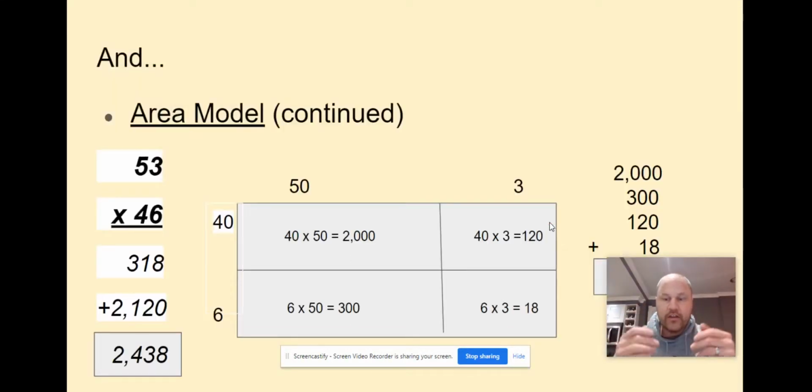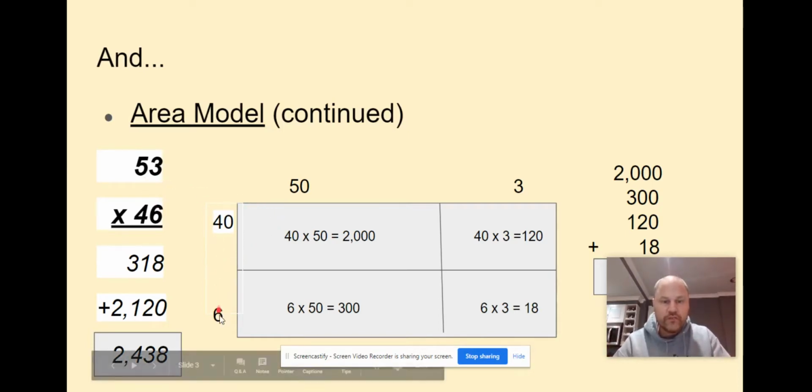And then another version of it, which we've been doing for a few days now, is with the 2-digit by 2-digit multiplication. Okay, so in this case, you would probably go, okay, 6 times 3, 6 times 50. Okay, and so we've just shown that over here.